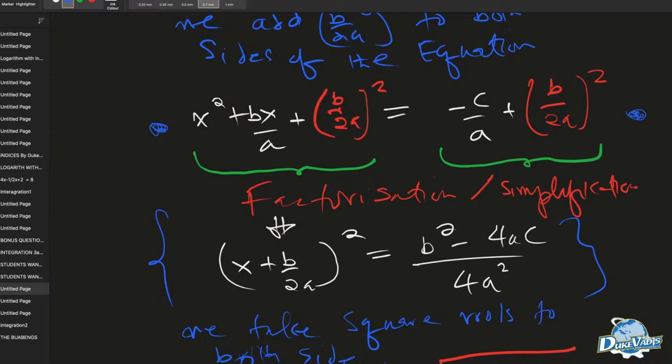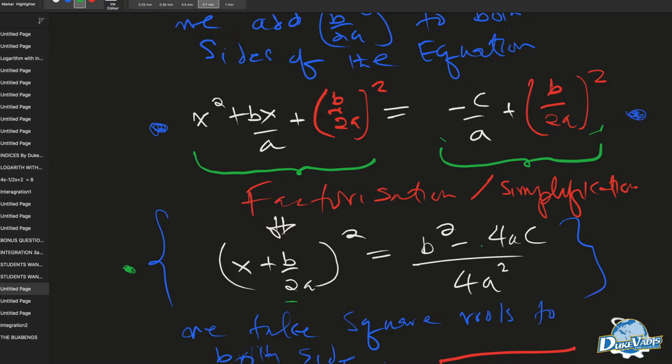So after factorization and simplification, we got to this point where we said x plus b over 2a, all squared, is equal to negative c over a plus b over 2a all squared.